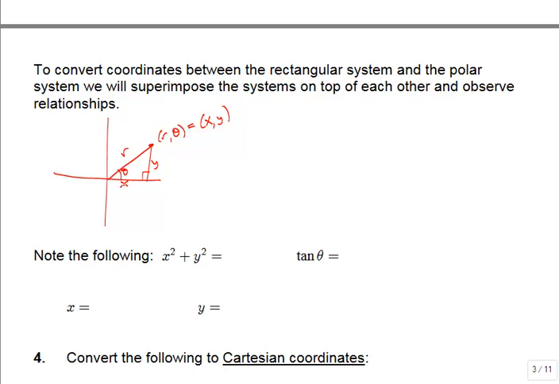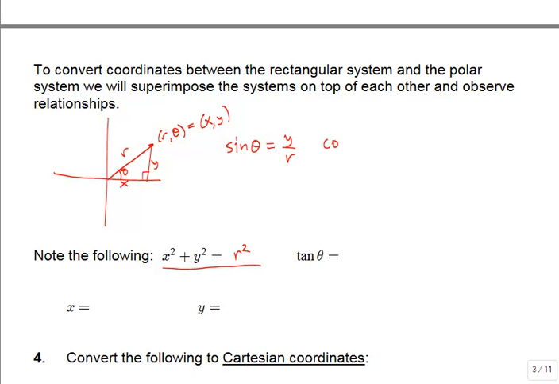So what's the relationship between x, y, r, and theta? Well, by Pythagorean theorem, we know that x squared plus y squared has to equal r squared. And that's just based on the fact that this is a right triangle. So that's one relationship that we know. We know by trigonometry and right triangle definitions of our trig functions that the sine of theta should be the opposite side, which is our y, over our hypotenuse, which is r.